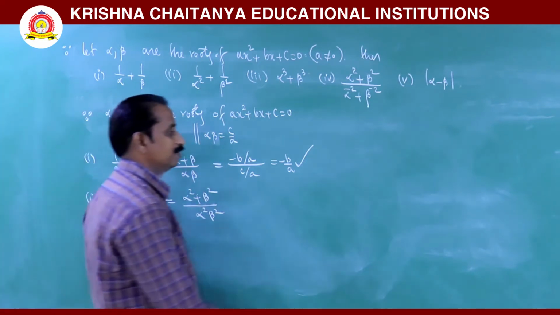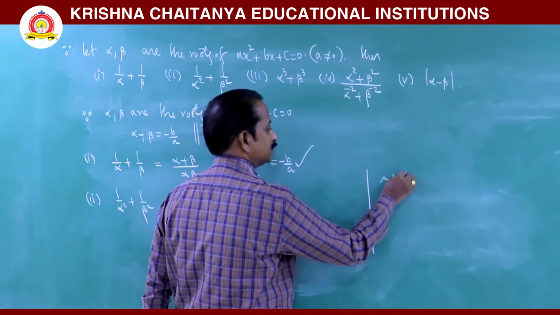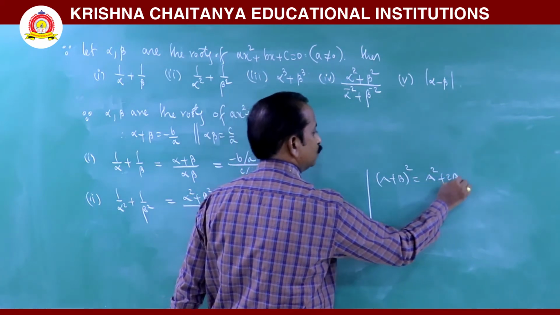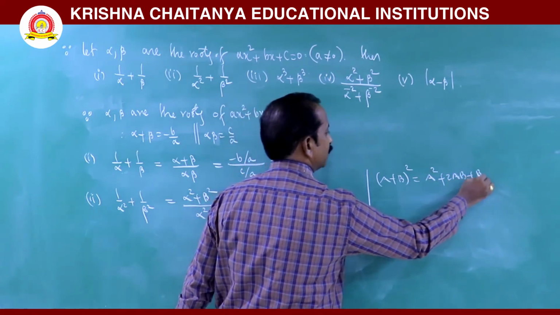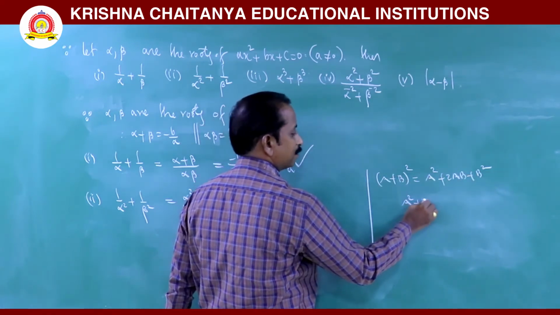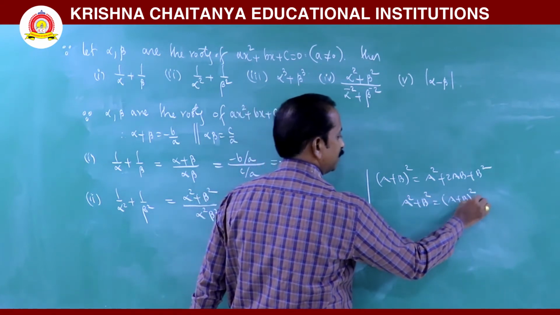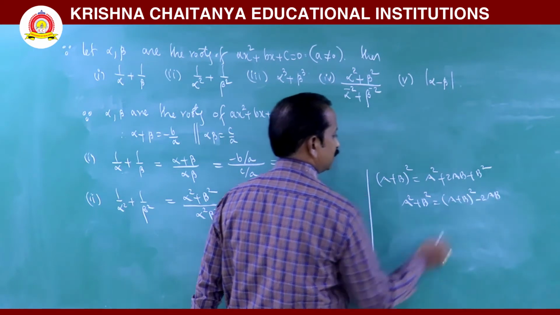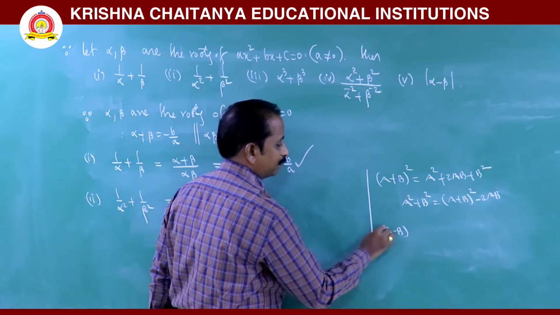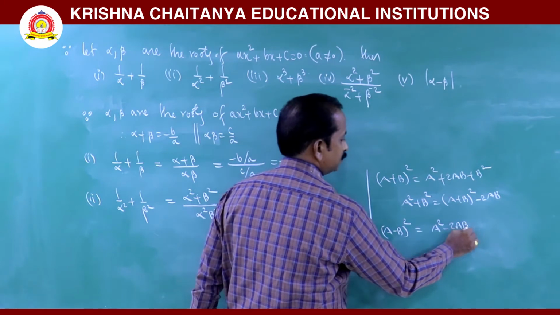Now what we know is that generally a plus b whole square, what is a plus b whole square? Nothing but a square plus 2ab plus b square. Using this formula, can I write the value of a square plus b square? It is nothing but a plus b whole square minus 2ab. There is another way for a square plus b square. A minus b whole square formula is already known, that a square minus 2ab plus b square.